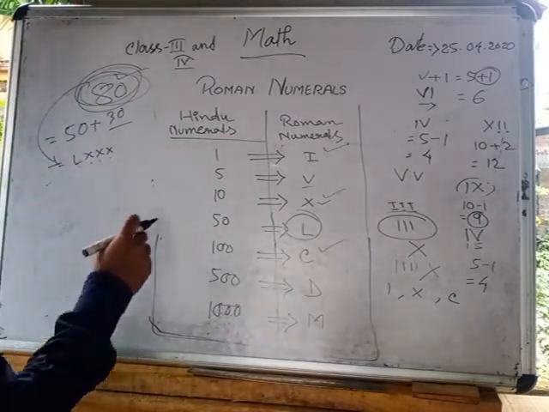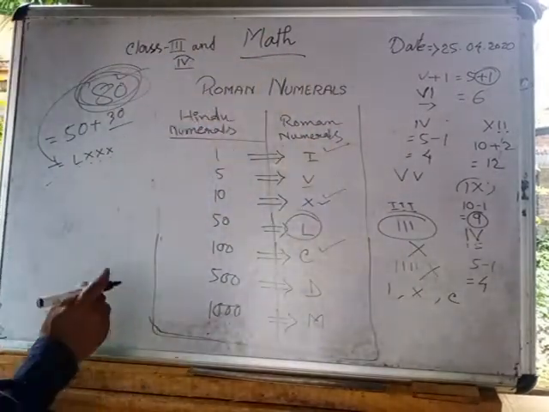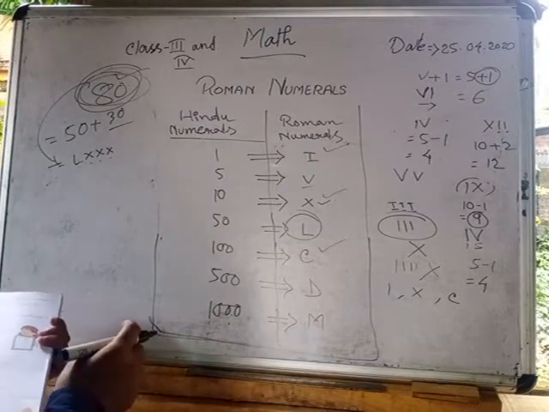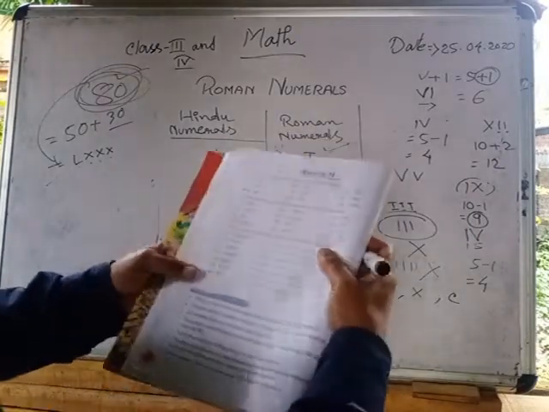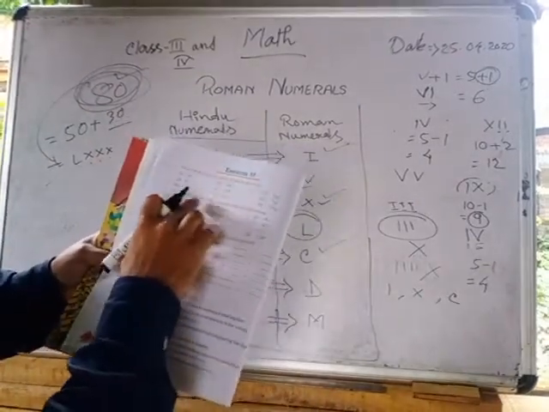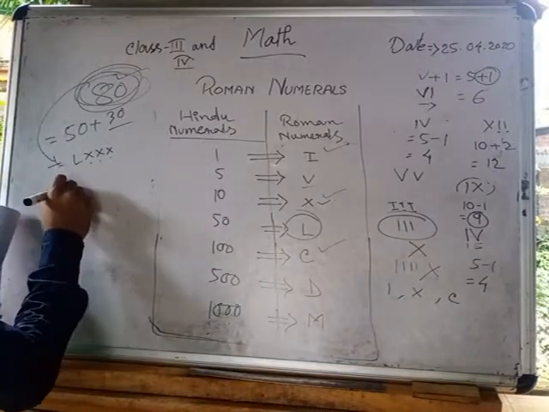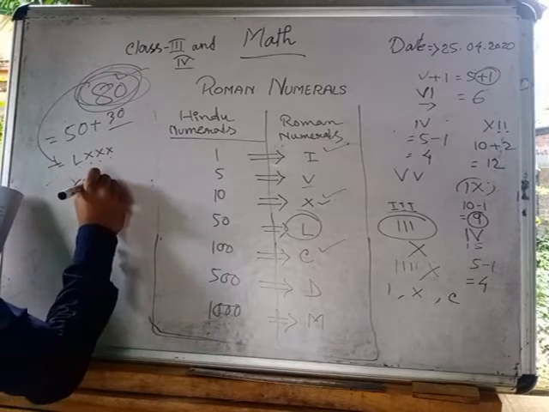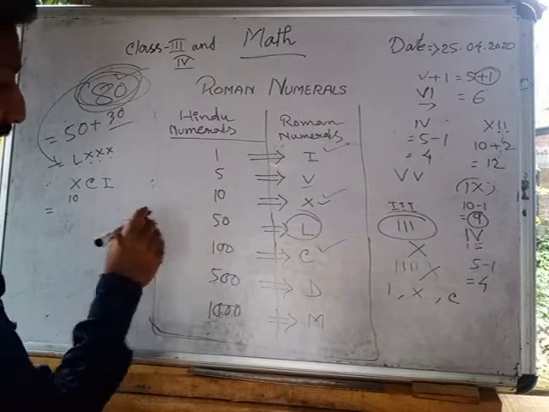When you write Roman numerals as Hindu numerals, it is like this. Write the Hindu-Arabic numerals for the following. Suppose this one: XCI. X means 10, C means 100.